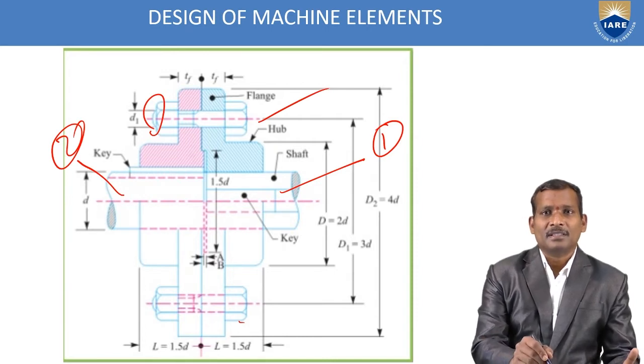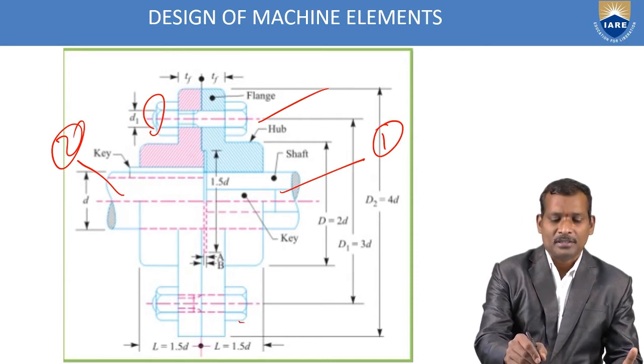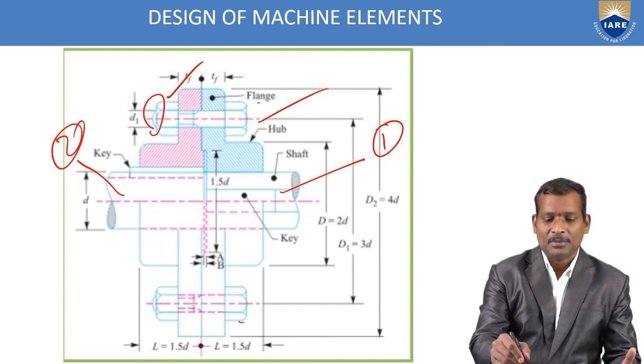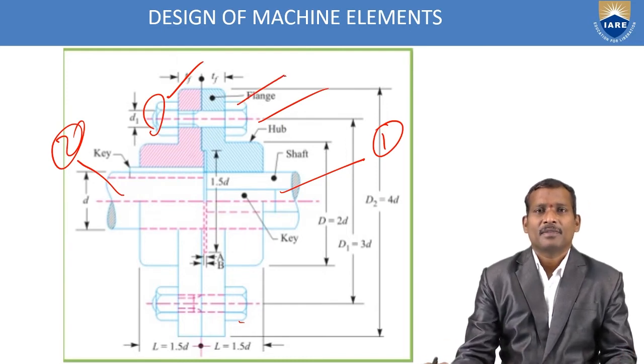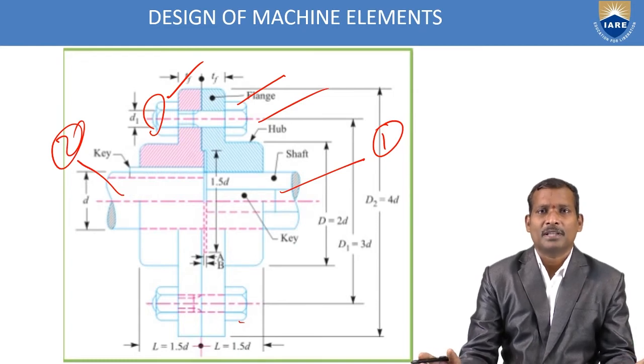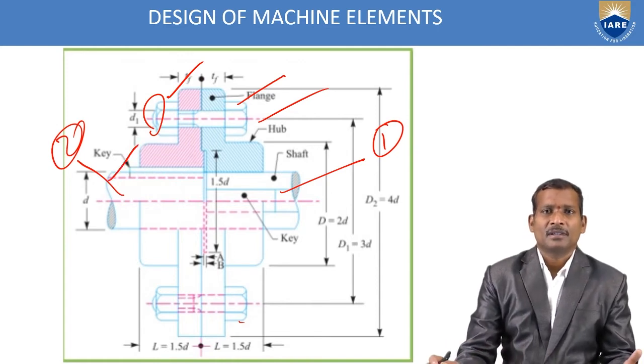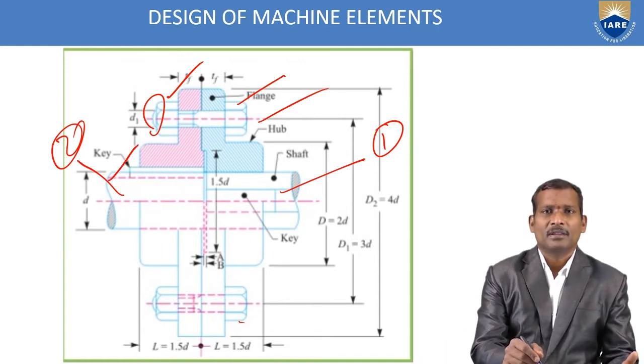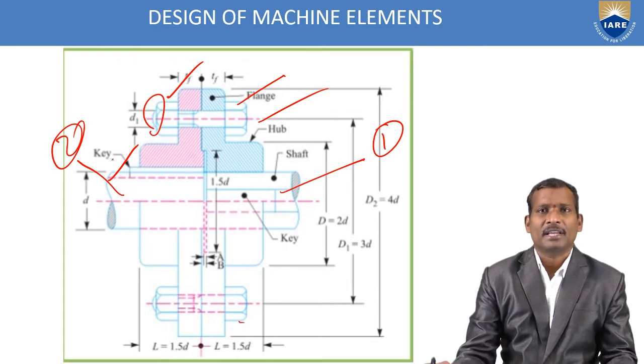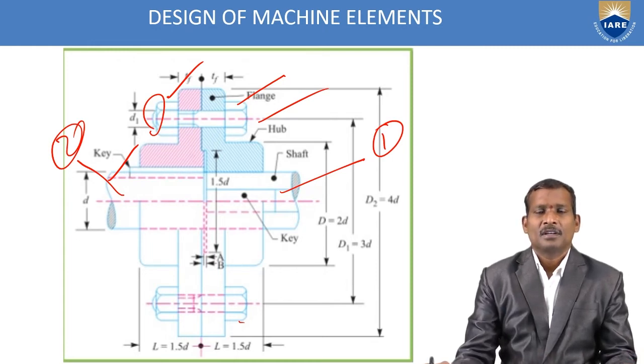This shaft is projected with this flange, and the other shaft also has another flange. The shafts and the two flanges are connected with the bolts and nuts with the help of a key. One shaft has a keyway to accommodate the key. So this shows all the dimensions of a flange coupling.